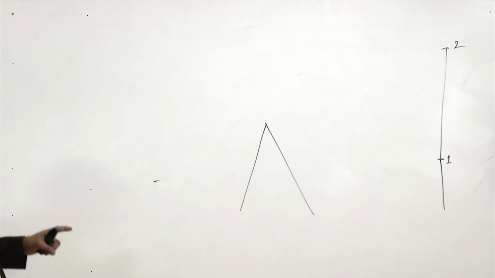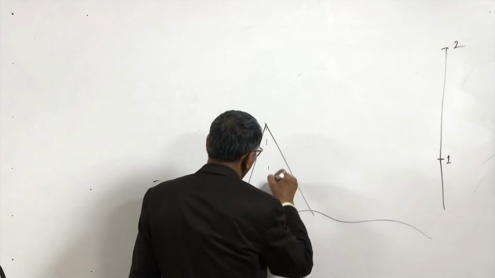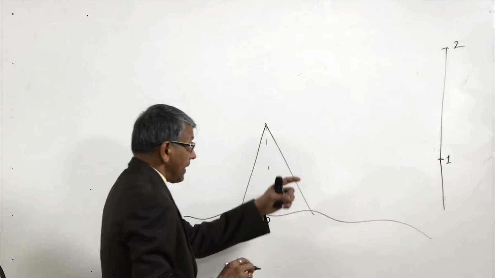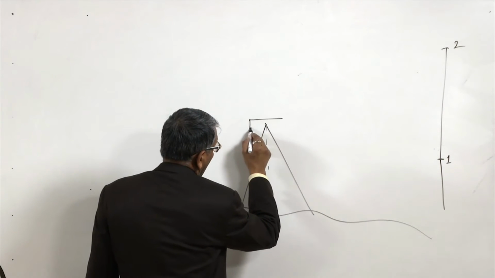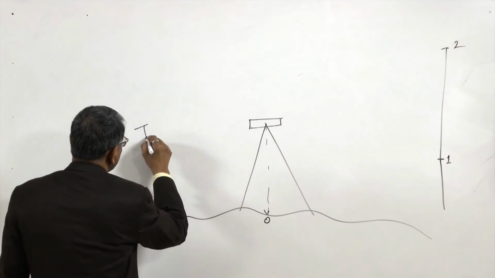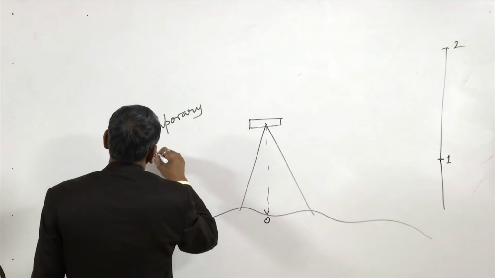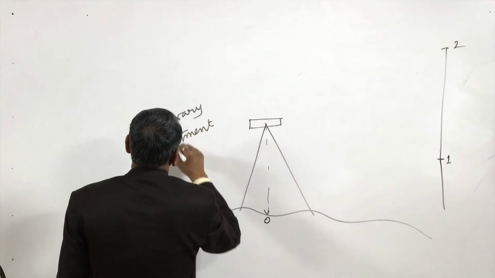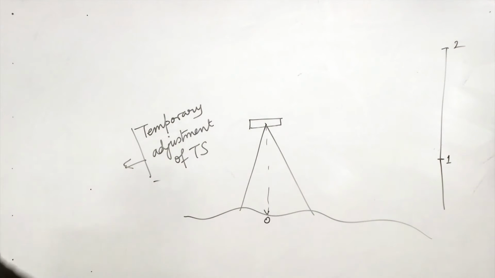After setting up the instrument on the point about which we want to find the vertical angle, we will perfectly go for temporary adjustment of the total station, and this will make the vertical circle totally vertical.